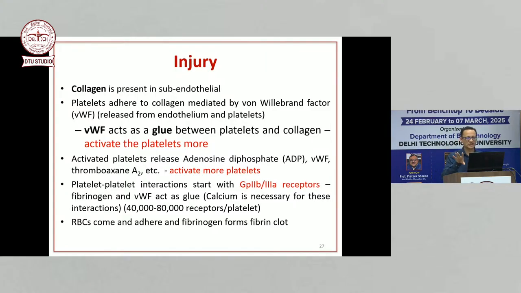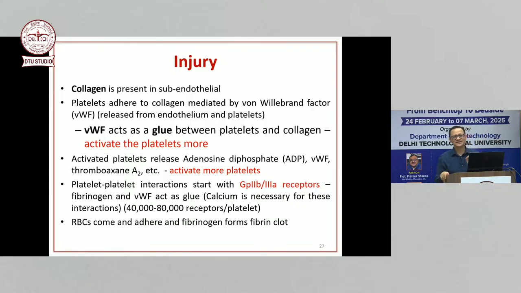So platelets are releasing it a little bit, and the endothelium layer is also releasing it. Platelets start adhering to collagen via VWF, which is acting as a glue between platelets and collagen. So collagen gets exposed, platelets want to adhere to that collagen, and VWF is acting as a glue between them.